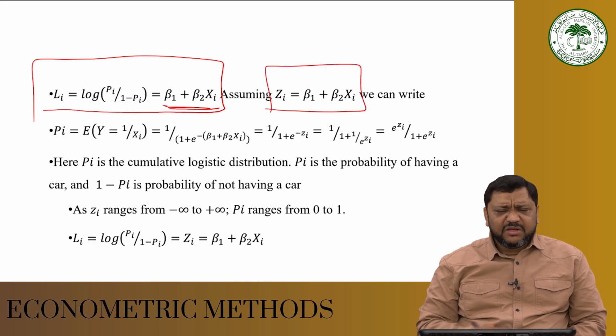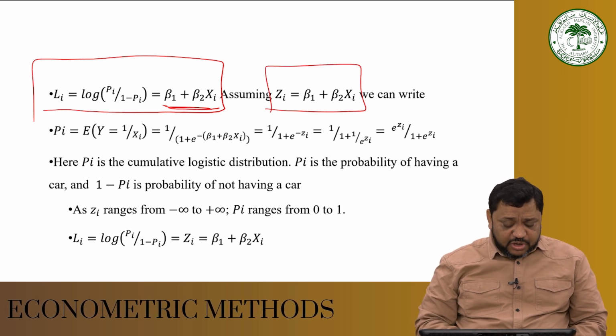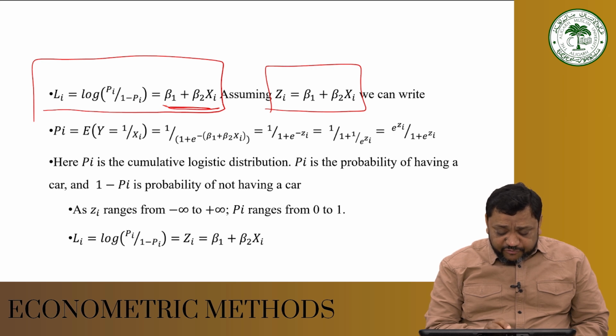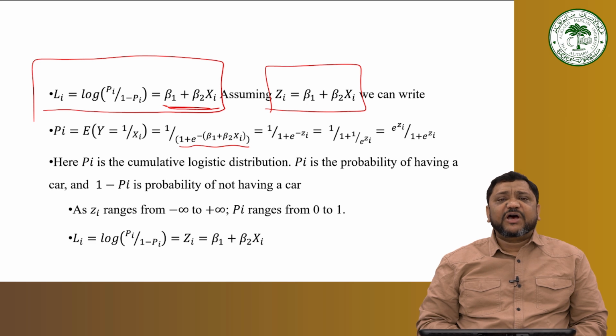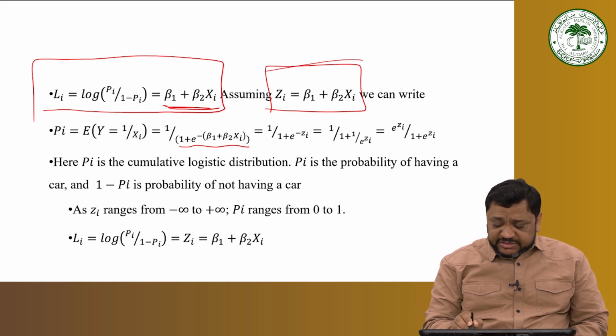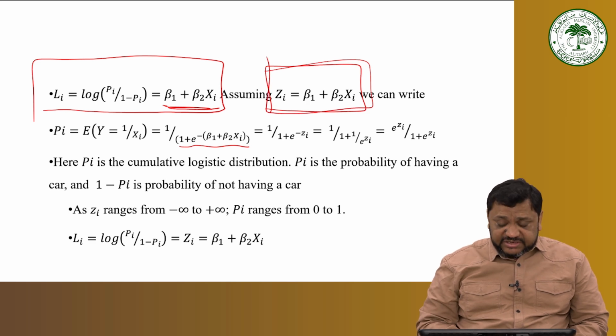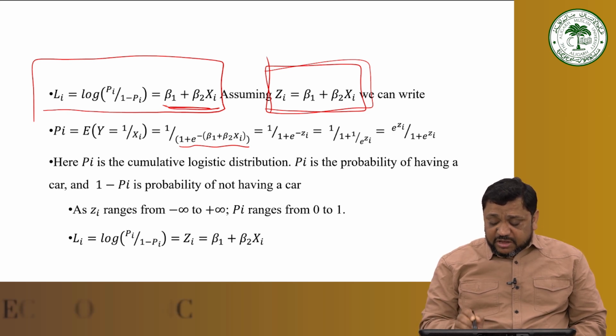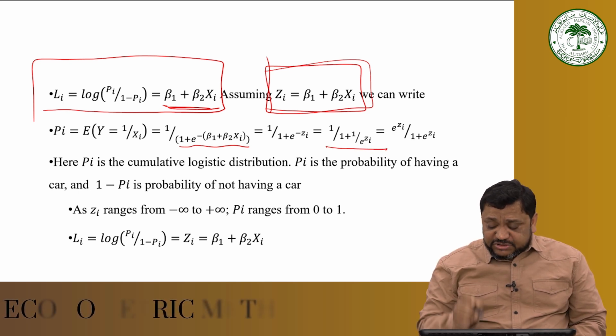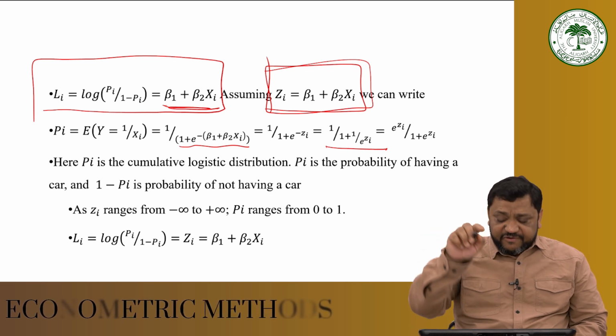Simply, we assume it by a term Z. So we can say that 1 divided by 1 plus e raised to the power minus beta 1 plus beta 2 xi, since we have assumed Z is equal to beta 1 plus beta 2 xi, is equal to 1 divided by 1 plus e raised to the power minus Zi, which is equal to 1 divided by 1 plus 1 divided by e raised to the power Zi.